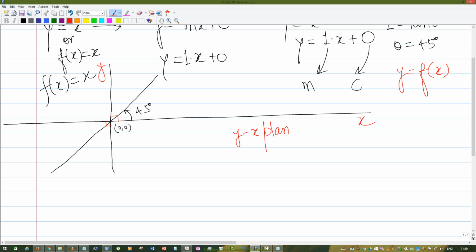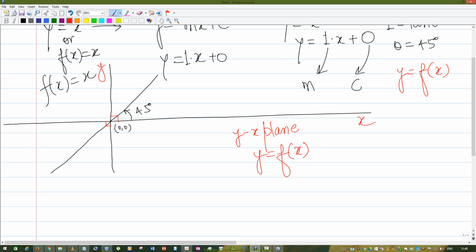So the function will be y is equal to f(x). As the value of x changes, correspondingly y will change. So y is dependent on x. So this is a function of y in terms of x.